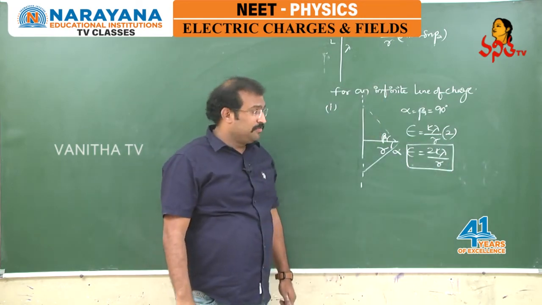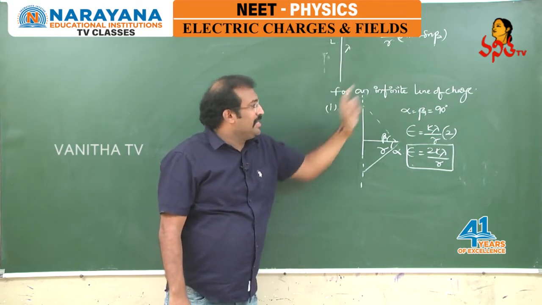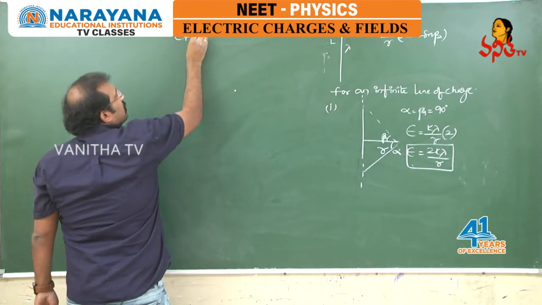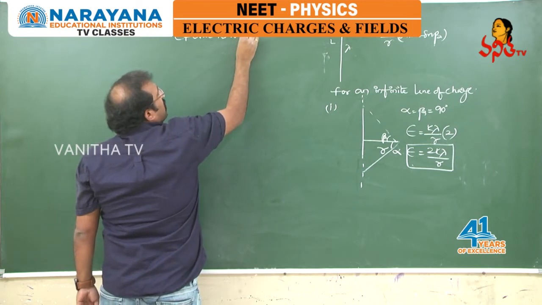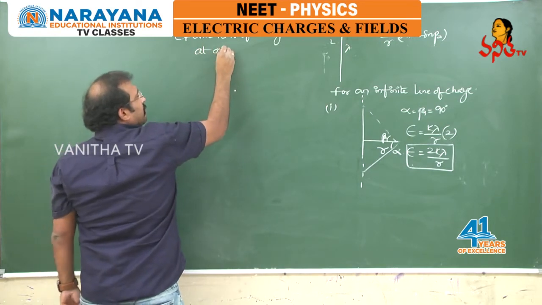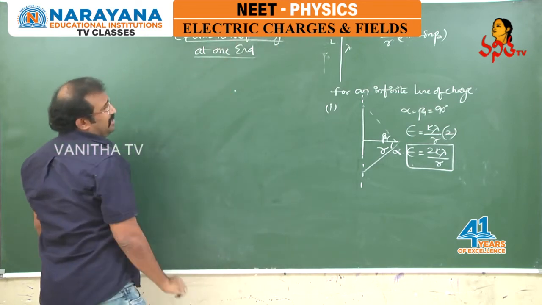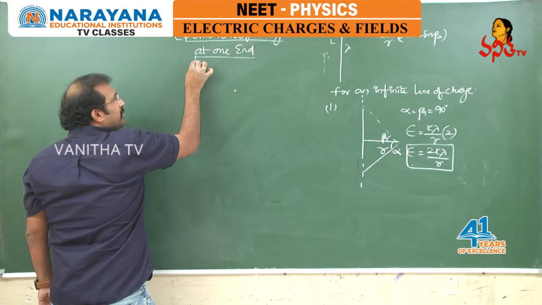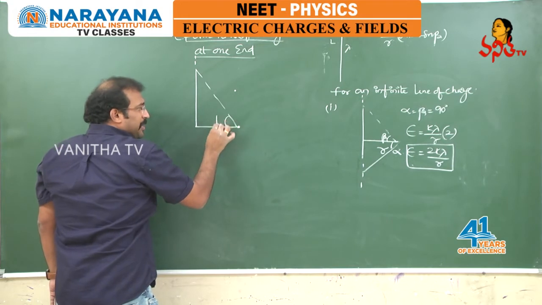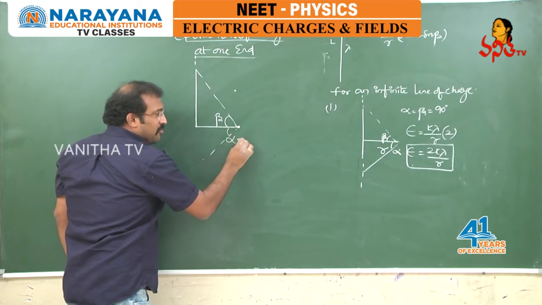Similarly, how do we find the electric field due to a line of charge at one end, with the other end at infinity? Here this is infinity, this is beta, and alpha is not there, so alpha is equal to 0.